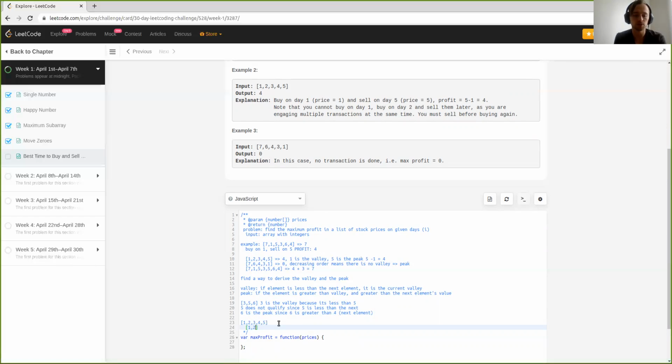So we'll start at 1 and 2. 1 is less than 2, so we could sell and still turn a profit in that 1 day window. So that would give us 1. In the 2 to 3 window, we could sell and get a profit of 1.